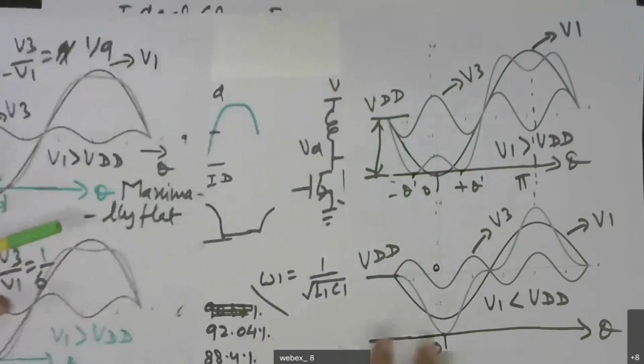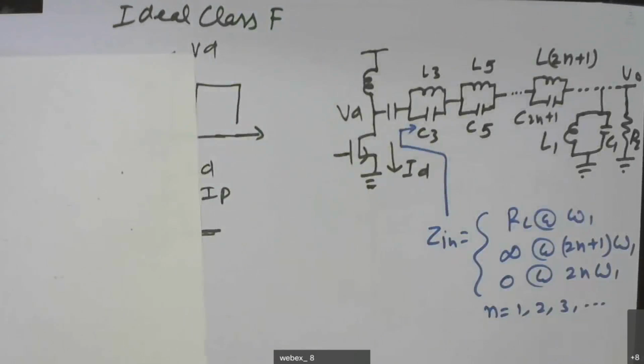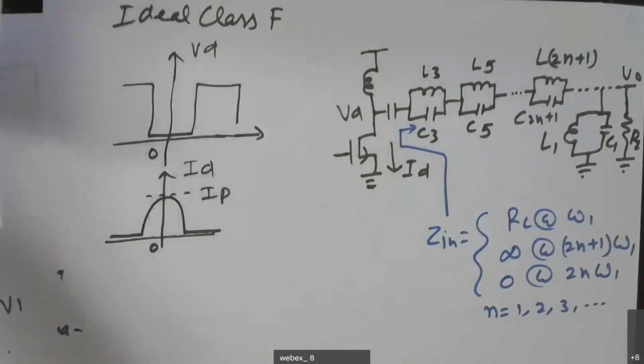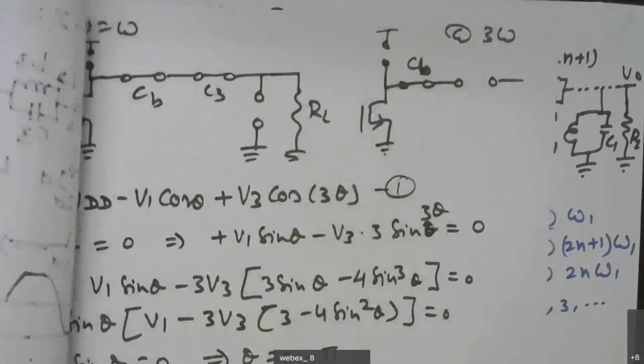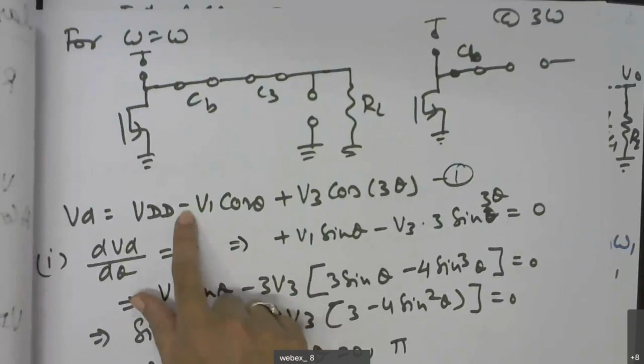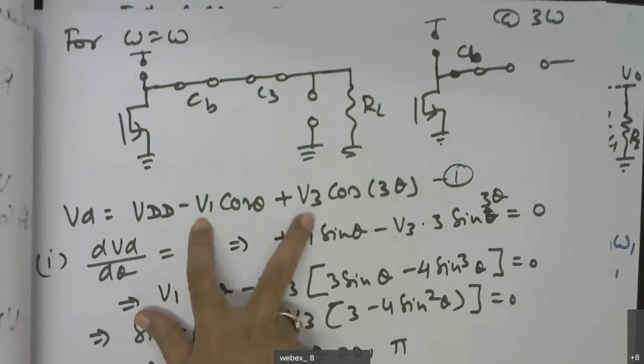But when we started with the analysis, we could have taken a general expression. We need not have taken the minus sign, because we know, so people take this sign to be negative here. But you could have started with a positive sign, and this analysis would have revealed that V1 and V3 will be of opposite sign.